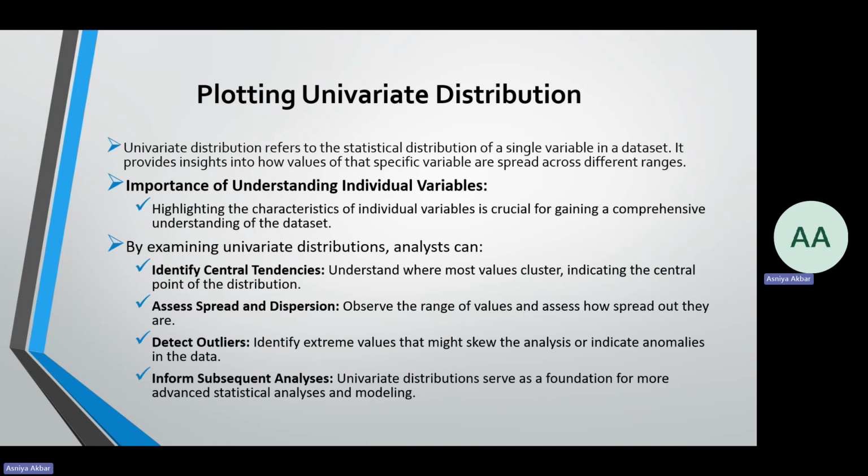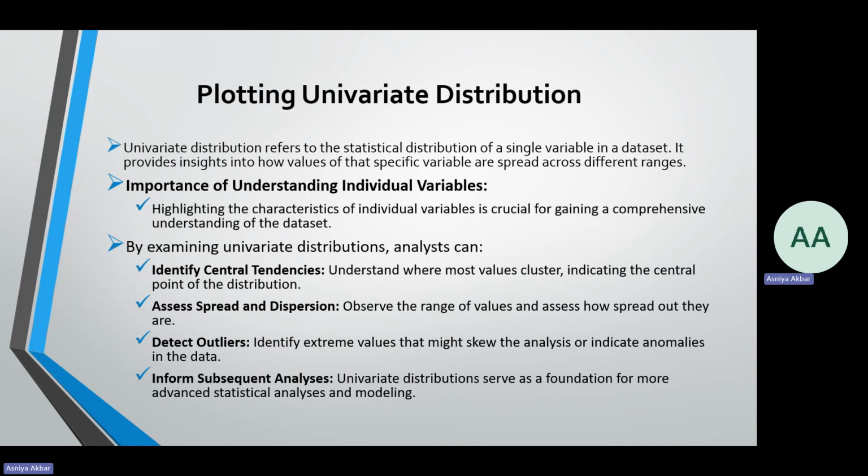The importance of understanding this individual variable is, first, to identify the central tendencies. It helps in understanding where most values cluster, indicating the central tendency of the variable, so that you can measure the mean, median and mode, which can be derived to pinpoint the center of the distribution.